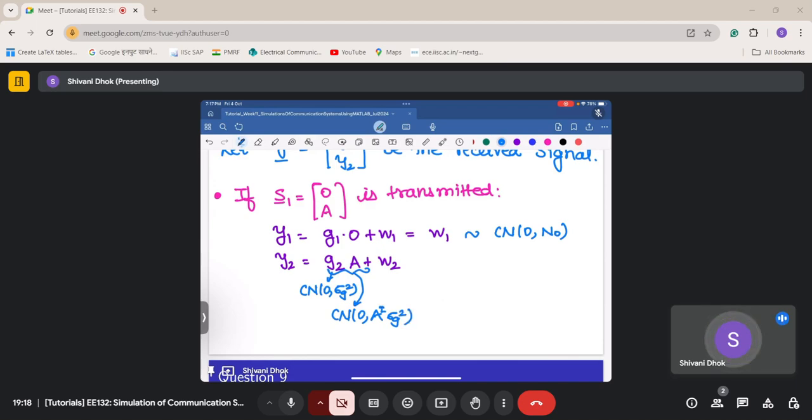Addition of these two Gaussians will lead to another circularly symmetric complex Gaussian. The means get added, 0, and the variances also get added because g2 and w2 are independent. So this will be sigma g square a square plus n naught. And y1 and y2 are independent.